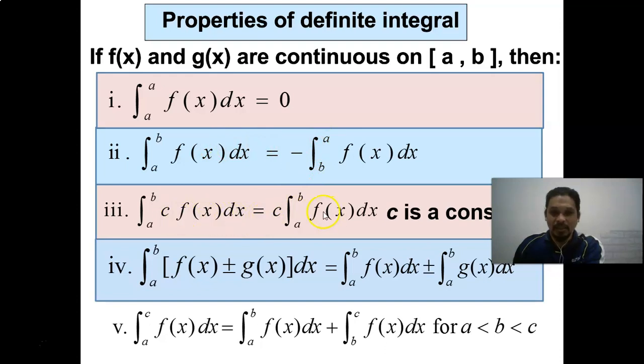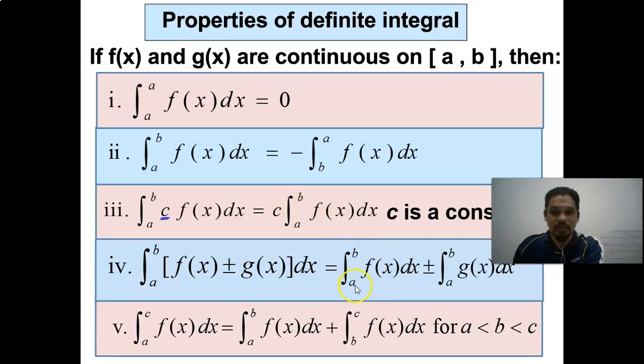And for property number 3, we have c, a constant, so we take the c outside, and then we integrate the function f(x). The rest is just the common properties.